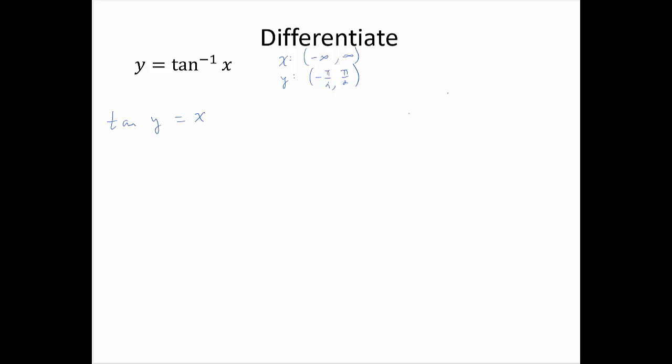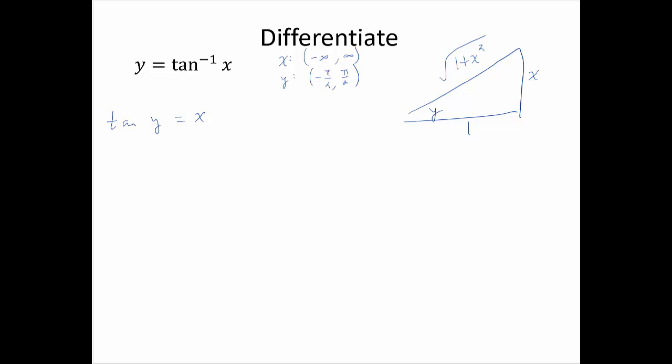And I'm going to draw my reference triangle. Here's y. And if tangent of y is equal to x, then let's see. Tangent is opposite over adjacent, so this is x over 1. And then the Pythagorean theorem tells me that the hypotenuse is the square root of 1 plus x squared.